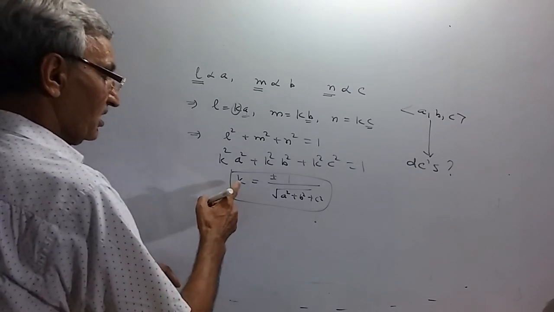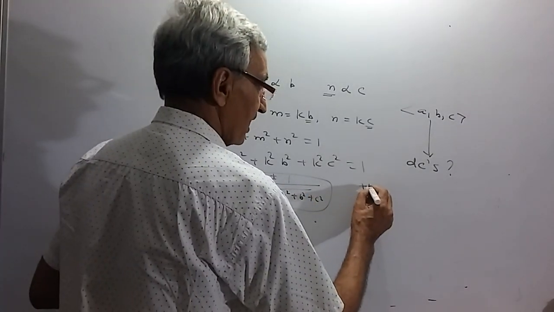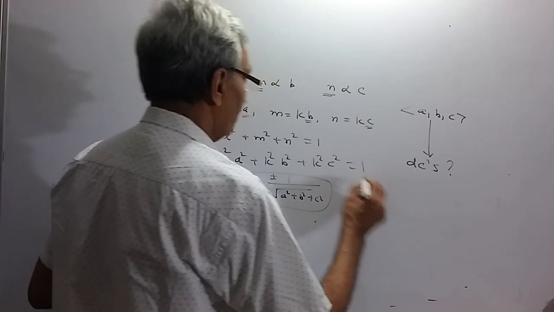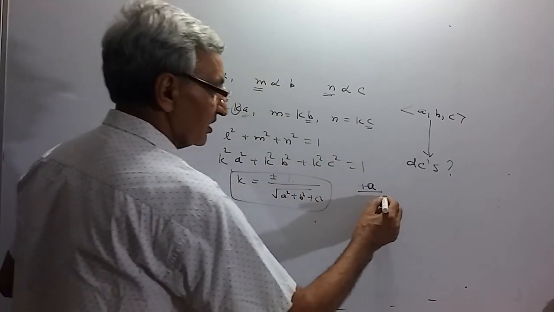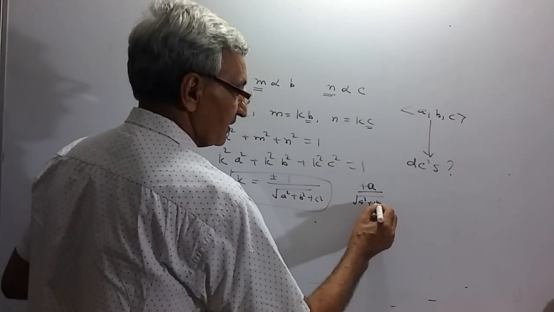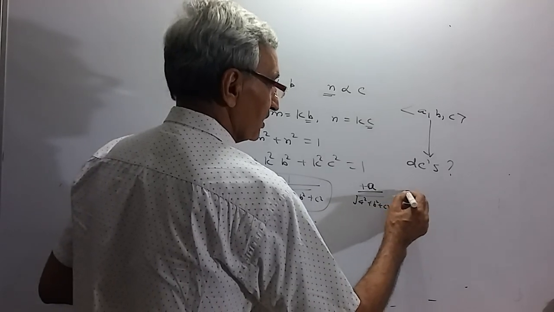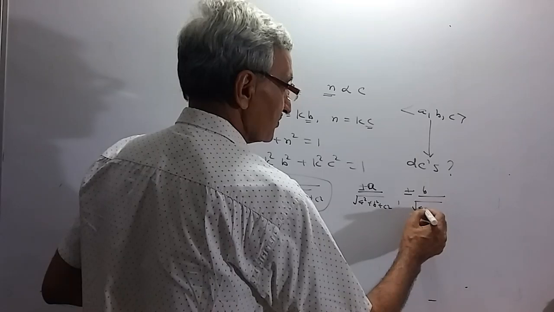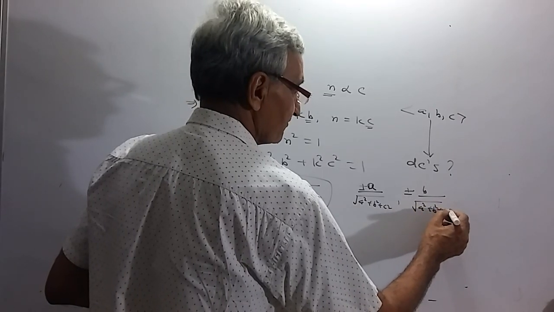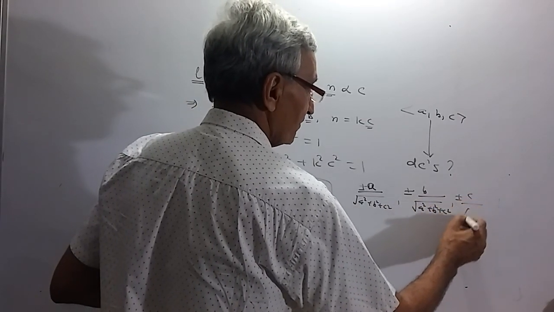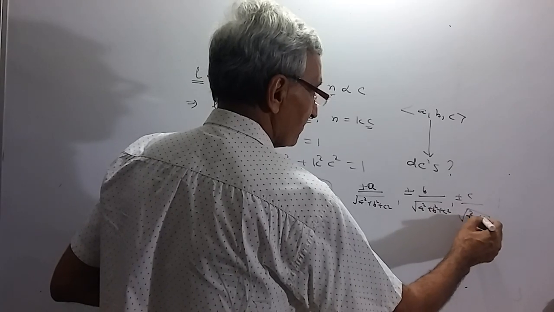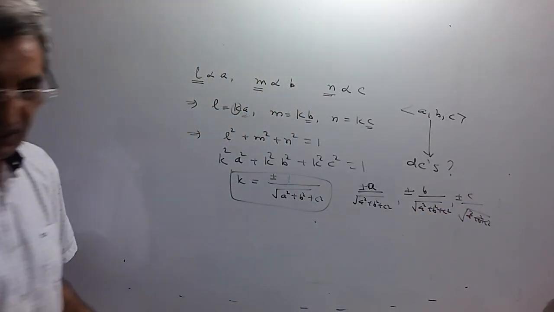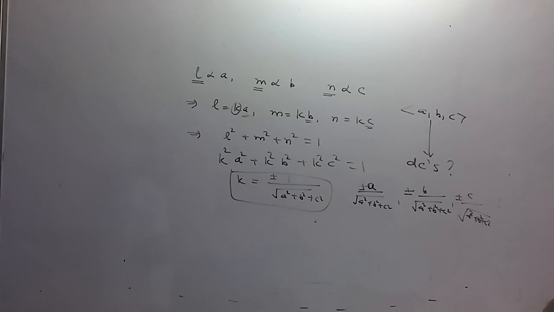Direction cosines are like this: plus or minus A upon the square root of A squared plus B squared plus C squared, plus or minus B upon the square root of A squared plus B squared plus C squared, plus or minus C upon the square root of A squared plus B squared plus C squared. This is it. When A, B, C are given as direction ratios, direction cosines can be found.